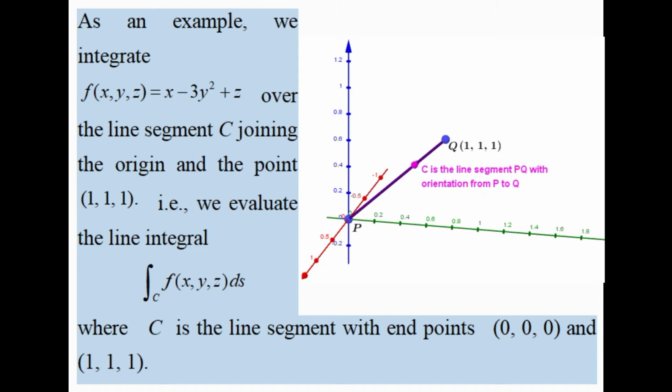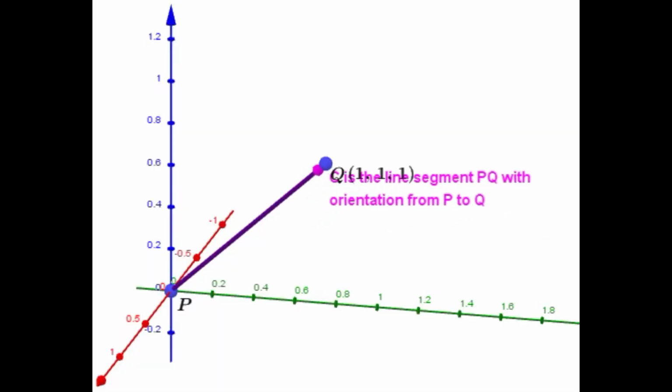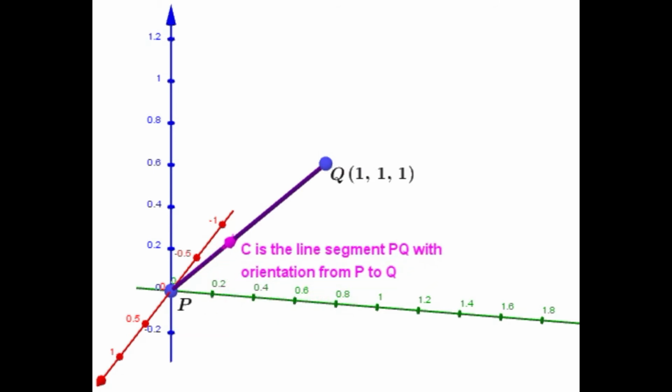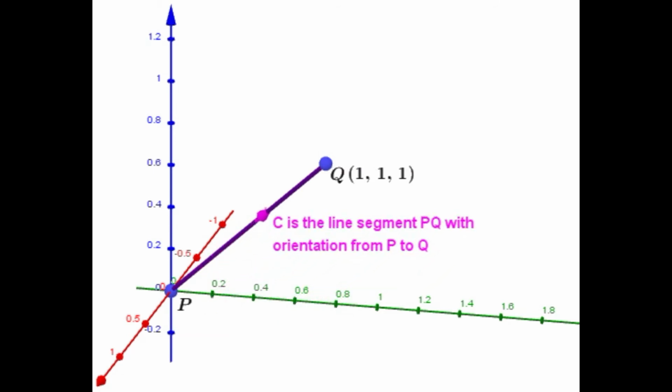That is, we find the line integral over C f of x, y, z ds, where C is the line segment with endpoints 0, 0, 0 and 1, 1, 1.